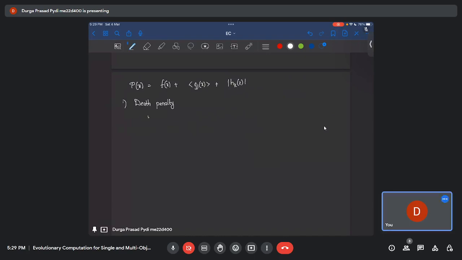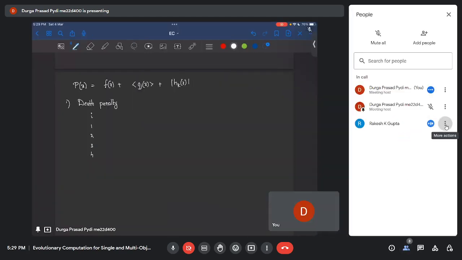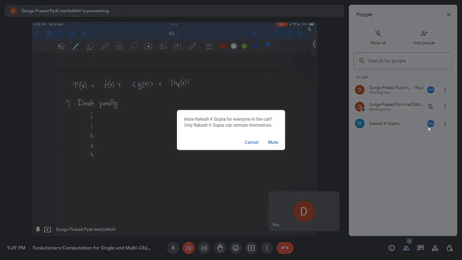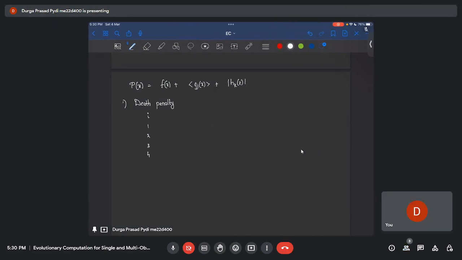Suppose let us take one example. We have 4 individuals with the following function values of say 2.0, 3.0, 4.0 and 5.0.